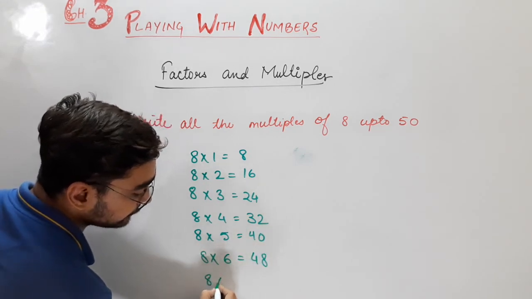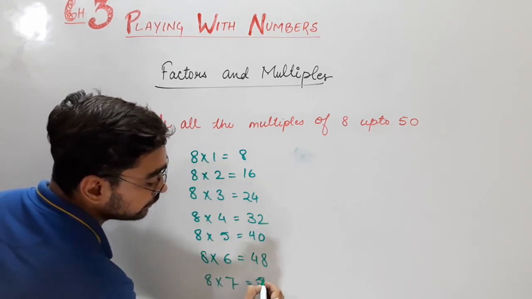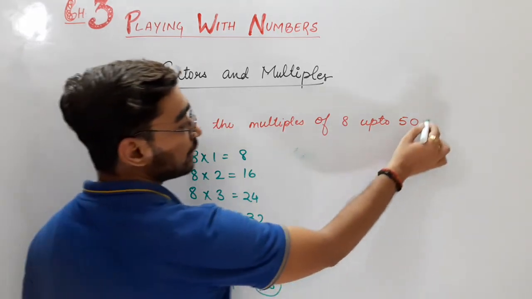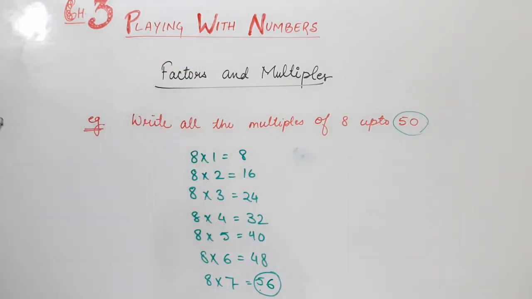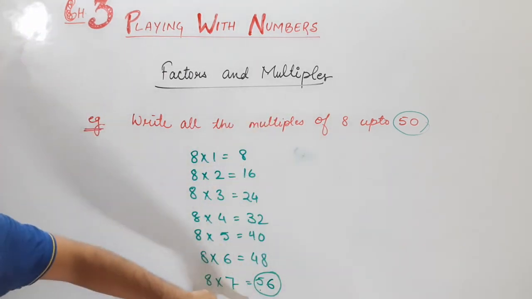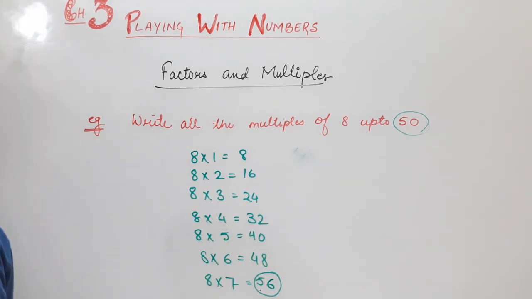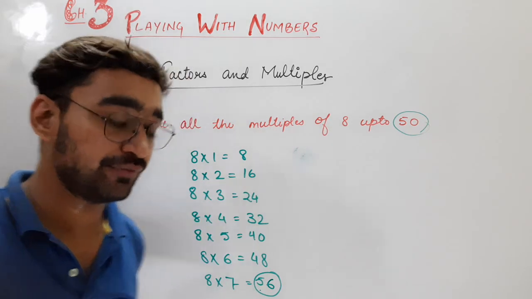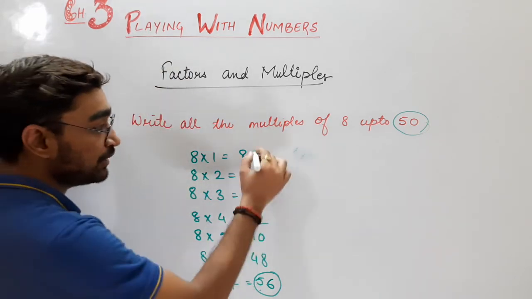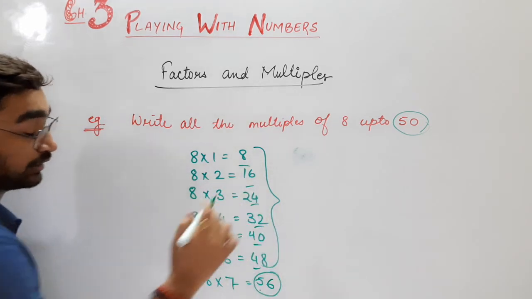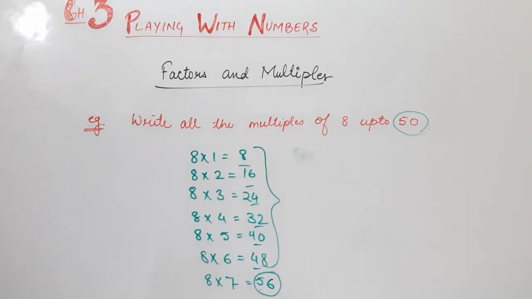If I am writing the next number, 8 sevens are how much? 56. This 56 is actually greater than 50, right? Up to 50 means the multiple should be 50 or less. It should not be bigger than 50. So the multiples of 8 up to 50 are 8, 16, 24, 32, 40 and 48. There's a difference between this and the previous question.